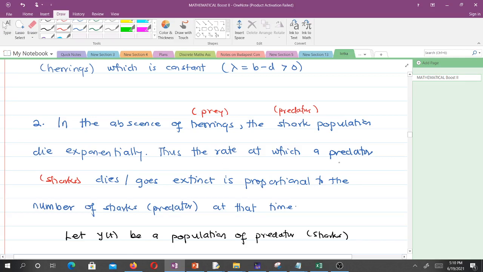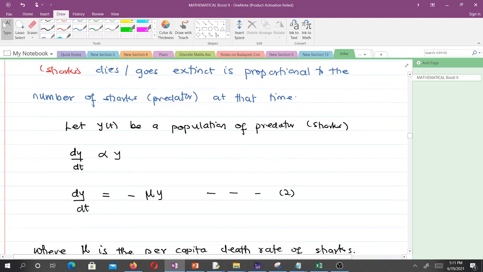So the rate at which a predator dies is proportional to the number of sharks or predators present at that time. If we let y of t be the population of the predators, then dy/dt will be directly proportional to y. And when we introduce a certain constant minus mu, then equation 2 holds.